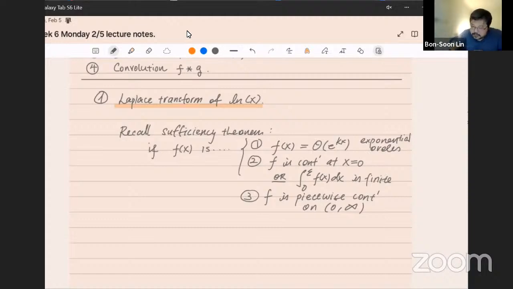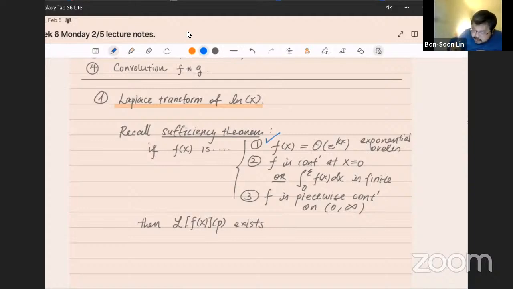So if these three conditions are met, then the Laplace transform of f of x exists. This is what we said last time. And the function natural log of x certainly satisfies all three criteria. The natural log of x grows slower than a polynomial, and so certainly grows slower than an exponential function, so it is of exponential order.